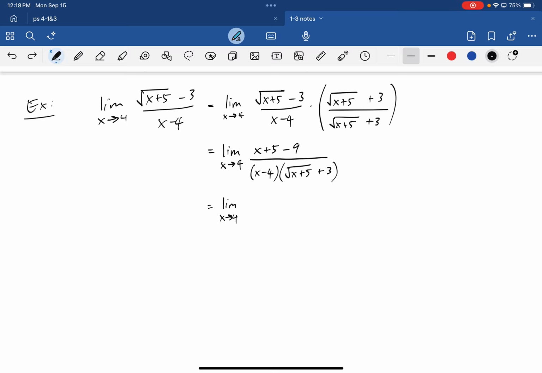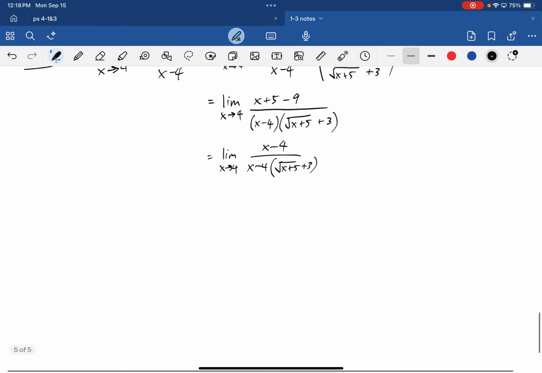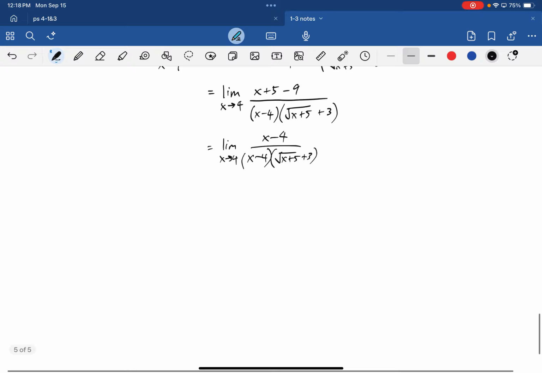That's why it's called rationalizing the numerator, right? So this is just x minus 4 over x minus 4 times the square root of x plus 5 plus 3. And then this cancels, right? The x minus 4s cancel, right? So this becomes 1 over the square root of x plus 5 plus 3.